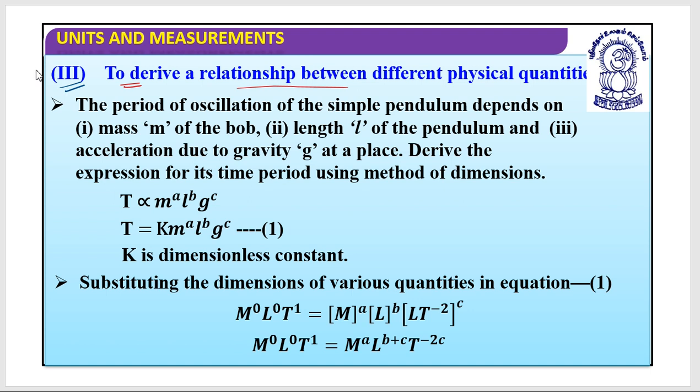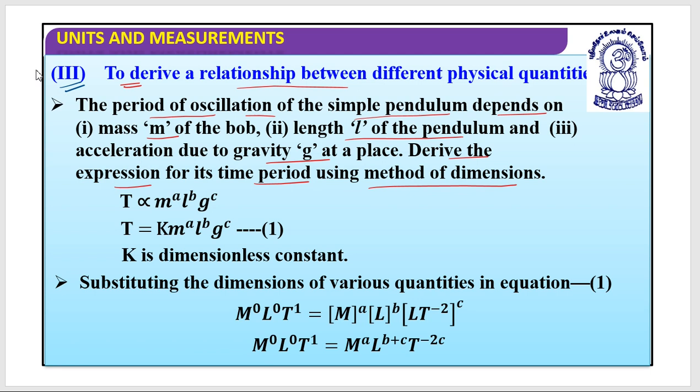First, go through the data. What all are given? They said the period of oscillation of the simple pendulum depends on mass m of the bob, length L of the pendulum, and acceleration due to gravity g at that place. I need to derive the expression for its time period using the method of dimensions.